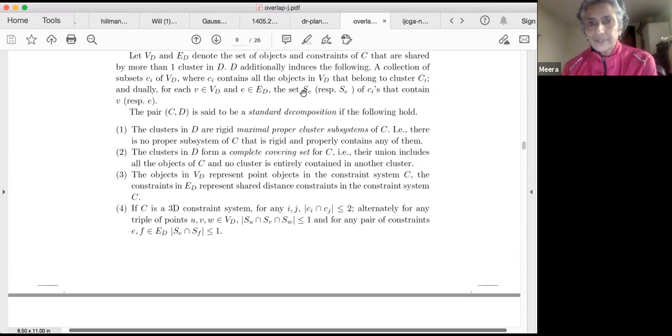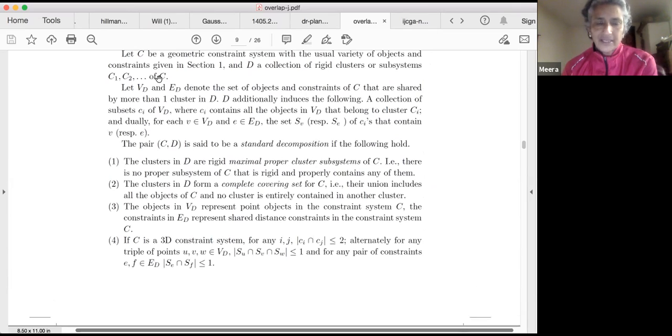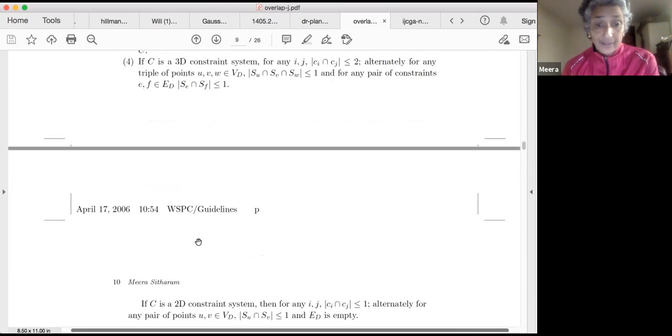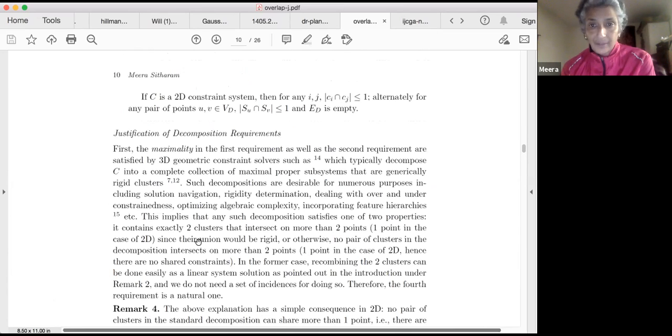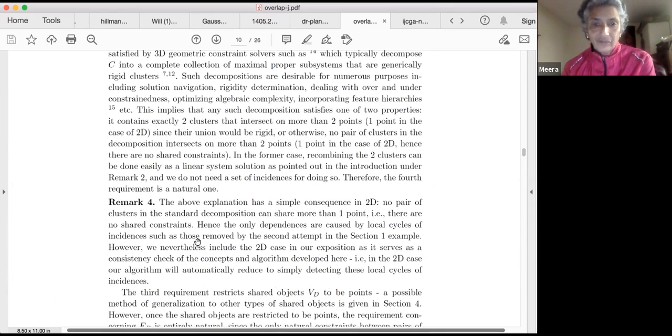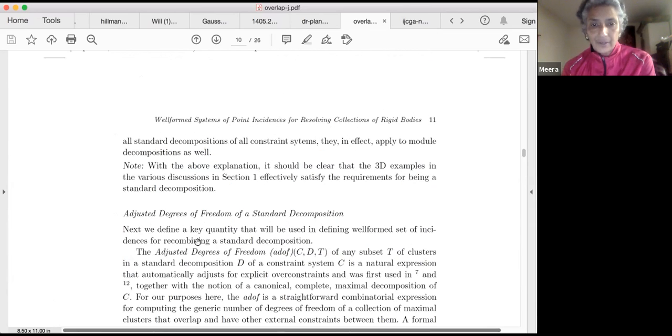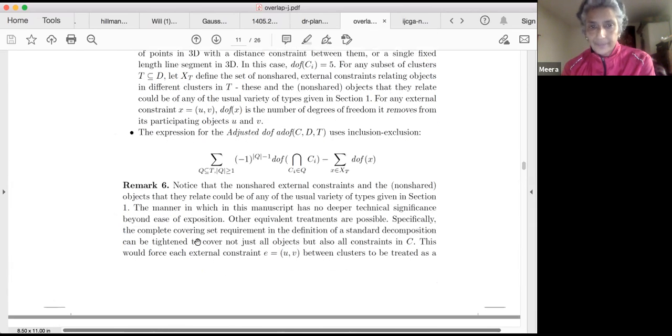The canonical decomposition case that we're looking at is you have a cluster C and the pairwise intersections of all of their children are all trivial. Okay, so those are the notations, and from that we can define the number of degrees of freedom, because everything is independent and we know that it's a canonical decomposition.